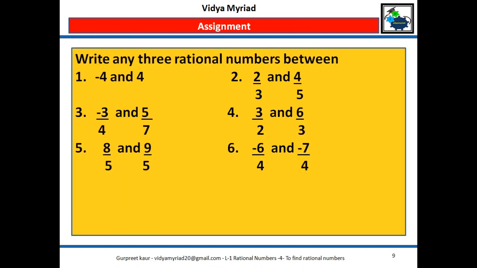Now here there is a question given to you where you have to find only three rational numbers between these two given numbers. Find the answer by any of the methods, and if you want, you may write down in your comment box the three rational numbers between these.